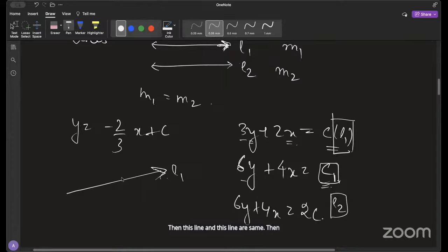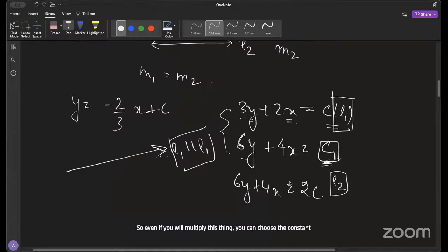Then also, L1 is parallel to itself, so they'll still be parallel. So even if you multiply this, you can choose the constant to be anything, it won't matter.